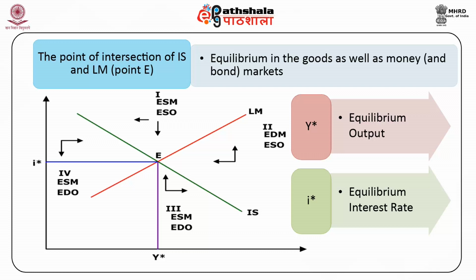All other points that are off the IS and LM curve reflect disequilibrium in both markets. You may recall in the previous modules, we characterized the nature of disequilibrium for points lying to the right and left of the IS and LM curves.